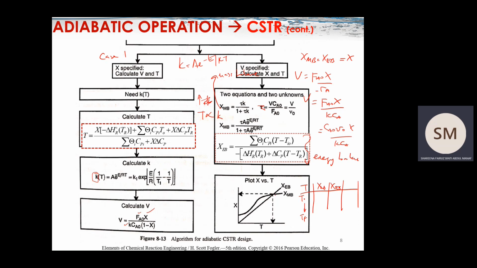Okay, so you need to get, sebab the definition here is you need to get the XMB equal to XEB, means that there is an intersection, alright, between the XMB and XEB. Okay, so you can plot and then you have this intersection. So you will have what is the T here and what is the X here. Okay, for adiabatic.